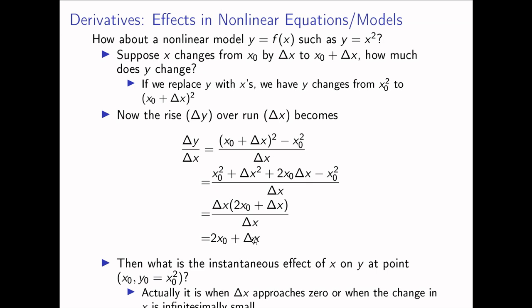That's when delta x approaches 0. And that number is actually 2x0. And that is the derivative of the function y equal to x squared at point x0. That's also called the instantaneous effect of x on y at point x0 and y0.